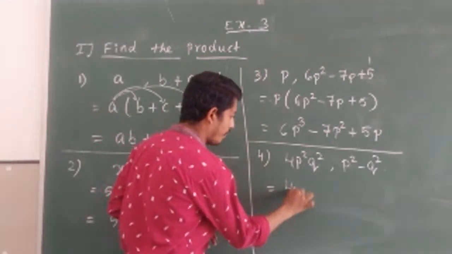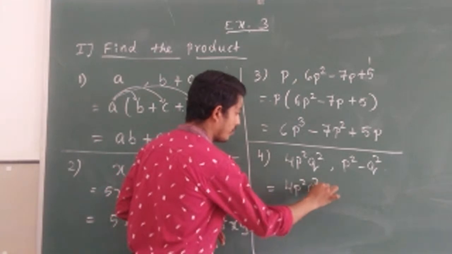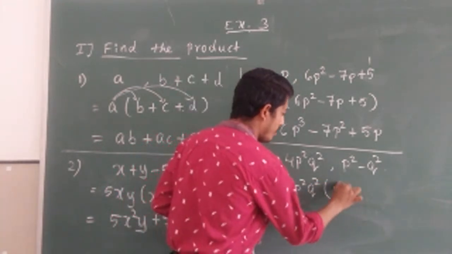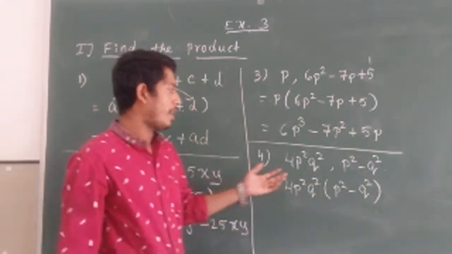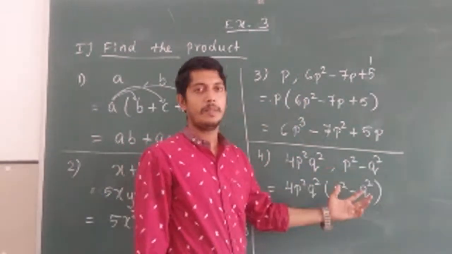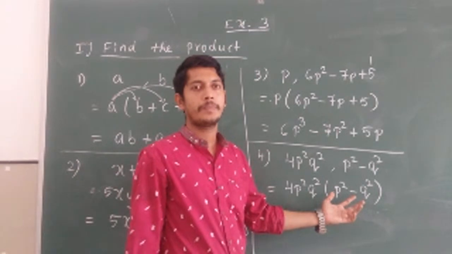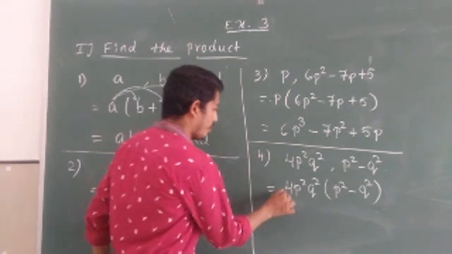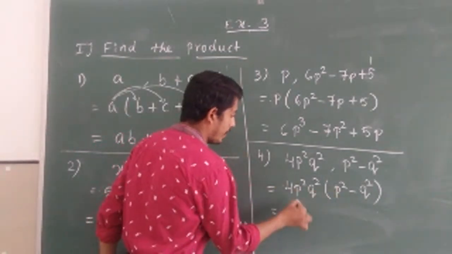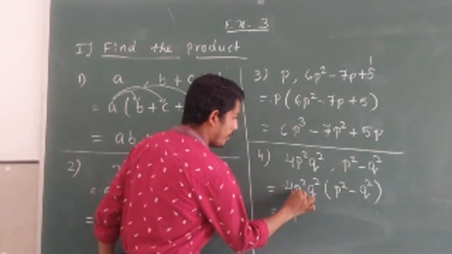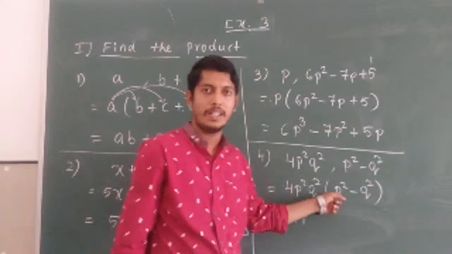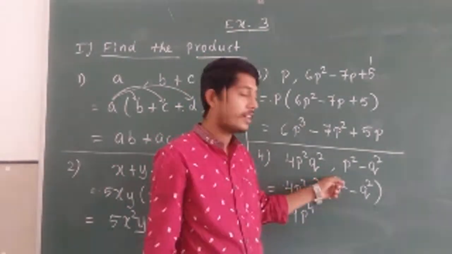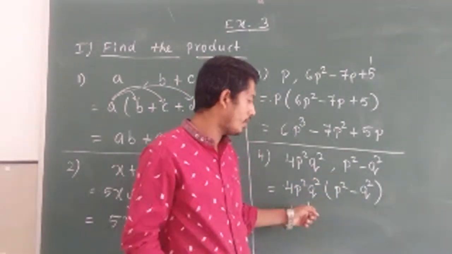So it becomes 4p square q square into p square minus q square. So what I have done here? I wrote the first term as this, and for the second term I use the bracket. So plus and plus, plus 4 into 1, 4. p square into p square, p raised to 4, because the base term is p here and the exponent value is 2, 2 plus 2 gives 4.